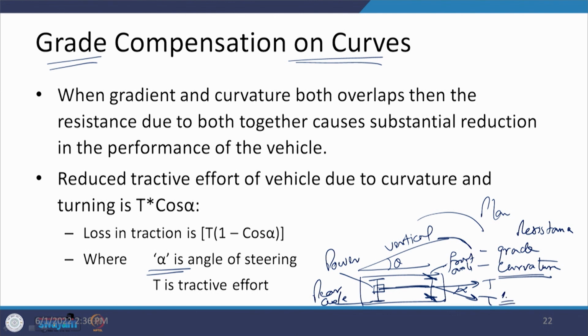This T dash is nothing but T cos alpha, so there is a reduction in the torque in this direction, and because of this reduction the vehicle will not be able to negotiate that curve with the same efficiency which otherwise it could have done. That is the reason we have to take this grade compensation into consideration.